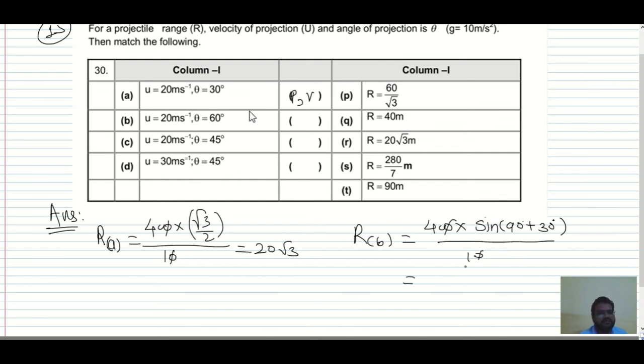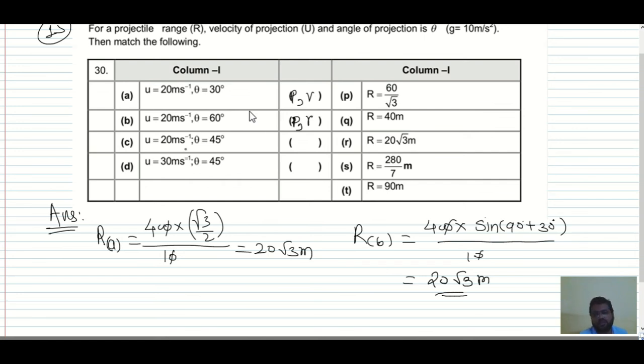So we'll get range as 20 root 3 meter, and this is also the range. So it is true only by 45 plus 15, 45 minus 15 will be 60 and 30. So it will be same. So it must be P comma R.